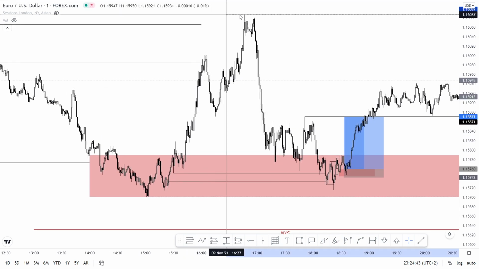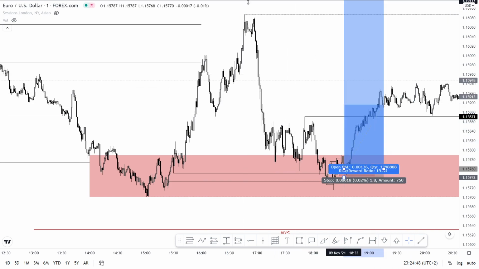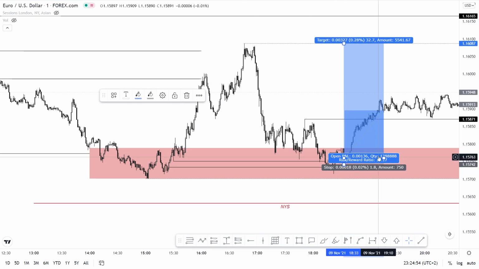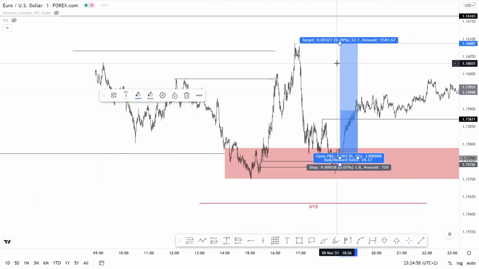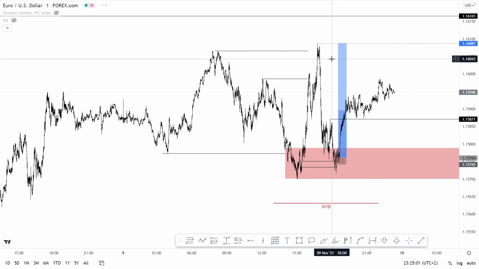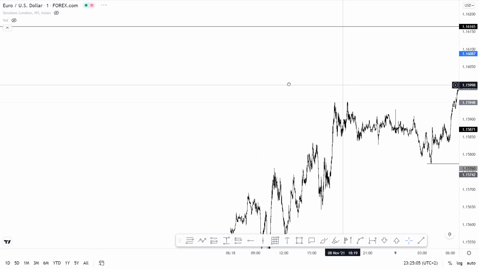My primary target was at this high here, which is around 1:18. So with a 1% risk, that's an 18% gain. The maximum target is around this level, which we're going to look at once we zoom out using the higher time frames.